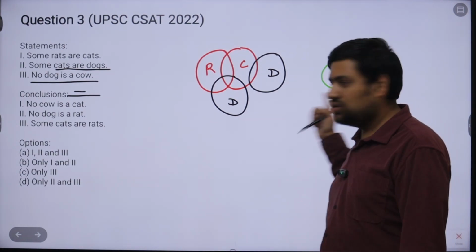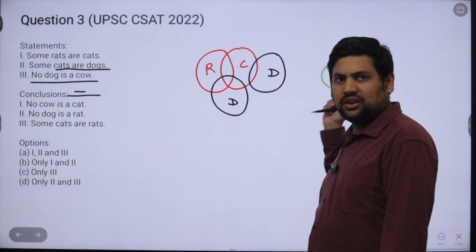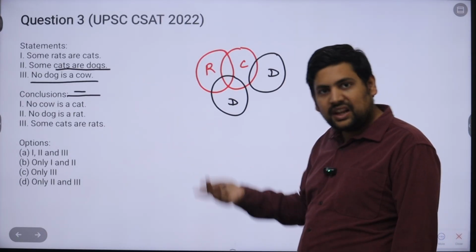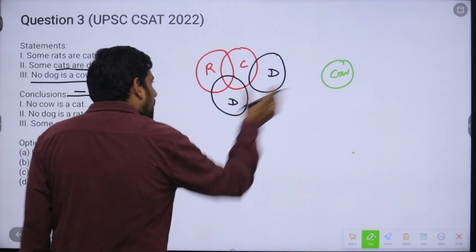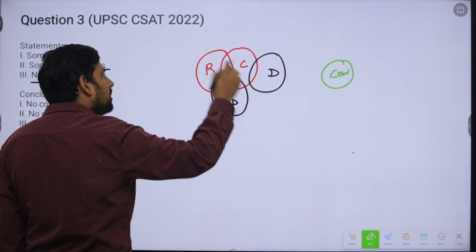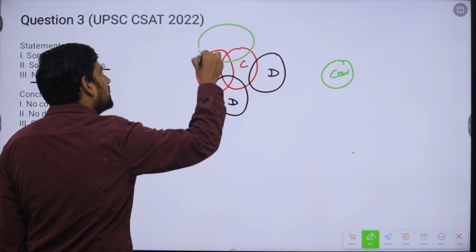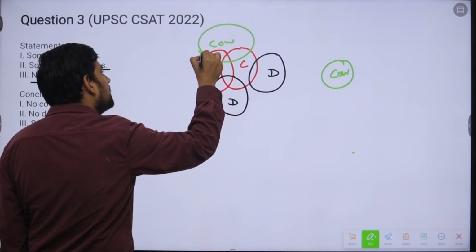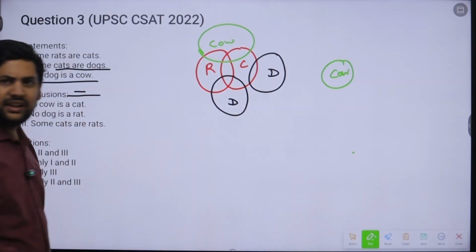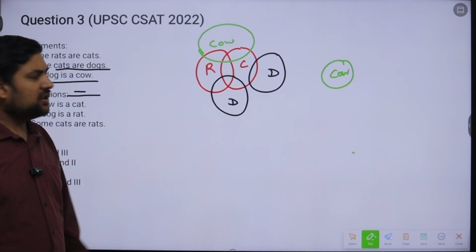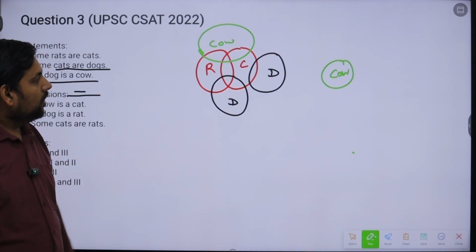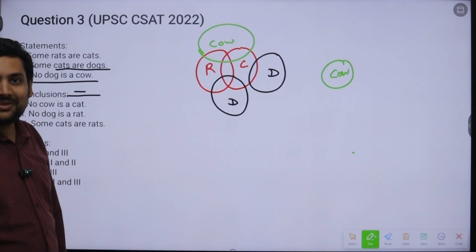No dog is a cow. Holds for this. The other way can be that cow must not intersect with dogs, but it is a possibility that it intersects with the other two, that is rats and cats, or at least one of them, it does not matter. So now these are the diagrams that you get.